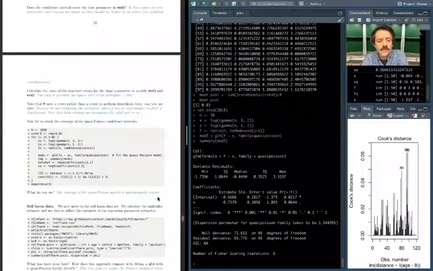So you have no freedom to account for anything other than what you've given it. While here, you haven't really fixed much other than the mean and the variance. And so this will be able to adapt a lot better to things that you haven't really accounted for.